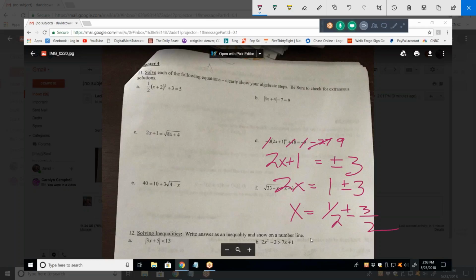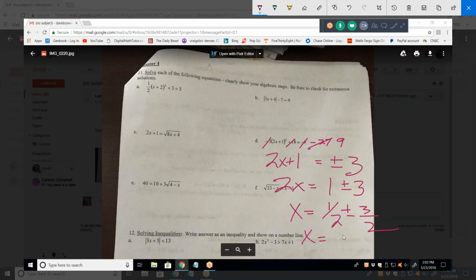So what are my two solutions for x? One solution comes from using the plus, the other solution comes from using the minus. So what's 1/2 plus 3/2? 4/2.